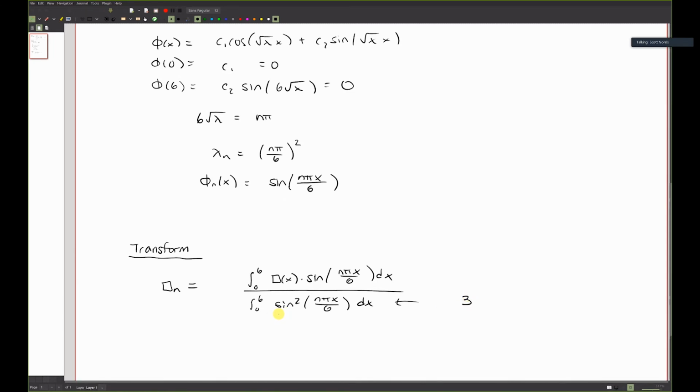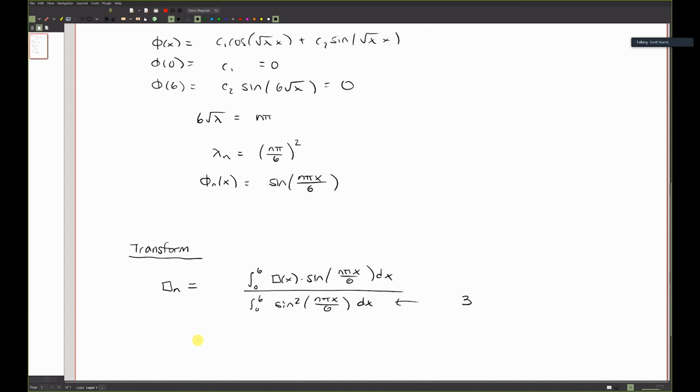It will be 1/2 of the quantity 1 minus cosine n pi x over 3. And then when we integrate that, we'll get x minus the sine of n pi x over 3 divided by n pi over 3. We'll evaluate that sine term from 0 to 6. It'll vanish, and we'll just be left with the 1/2 x term from 0 to 6, which will give us 3.